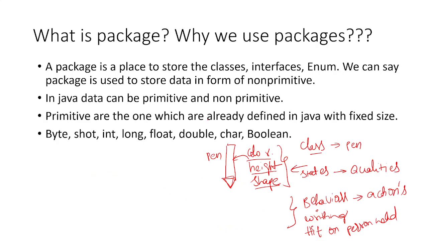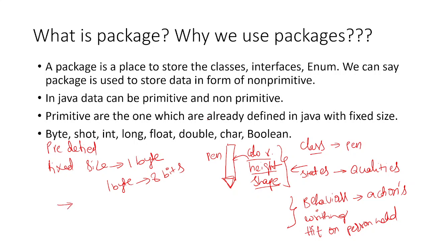If we see primitive data types, we have byte, short, int, long, float. All these data types are already predefined with fixed sizes. If we see byte, it is of 1 byte. Basically 1 byte is equal to 8 bits. In every machine, like in every computer, data will be stored in zeros and ones, so it is binary.